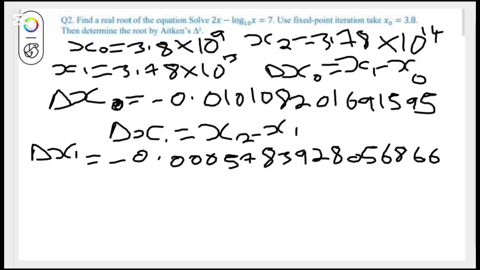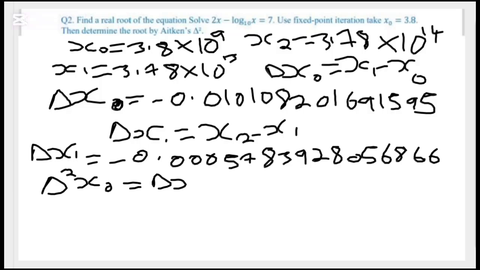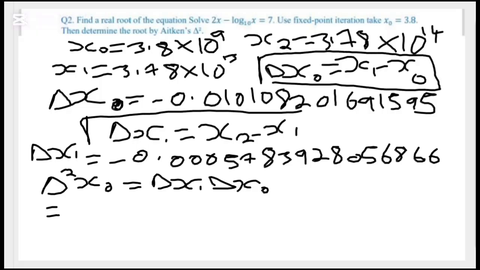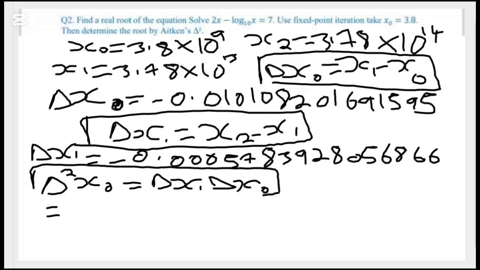So the next thing I'm going to find is the delta square x0, and it is the same thing as dx1 that we find minus dx0 also that we find. So you have to take note of this in Aitken's delta square method, or let me say process.